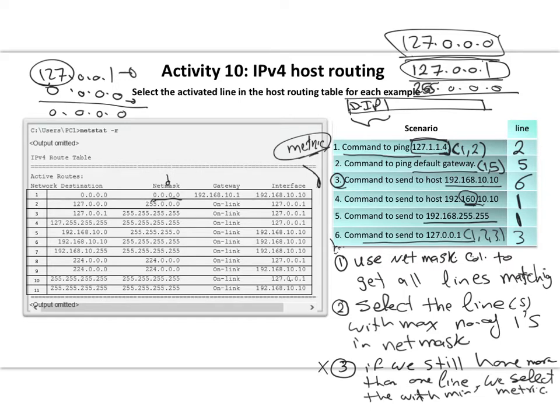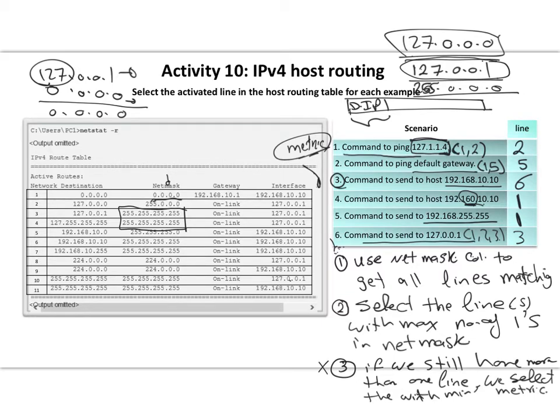Yes, if you find that there are two lines that match and the number of ones in the network mask is the same, like for example these two lines. We said that we select the one with the maximum number of ones, but there are still two routes with the same number of ones in the network mask.